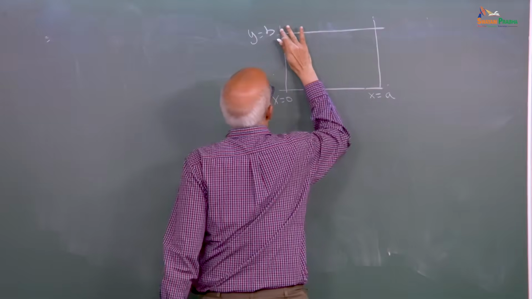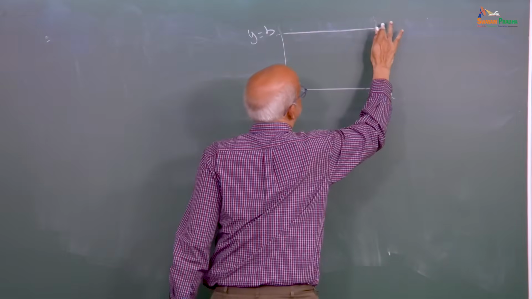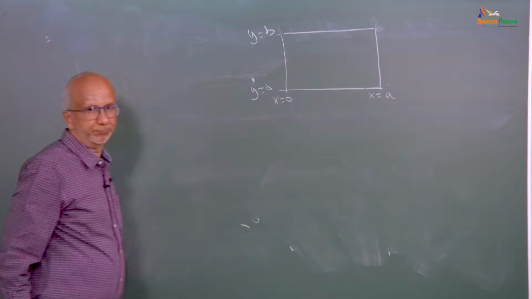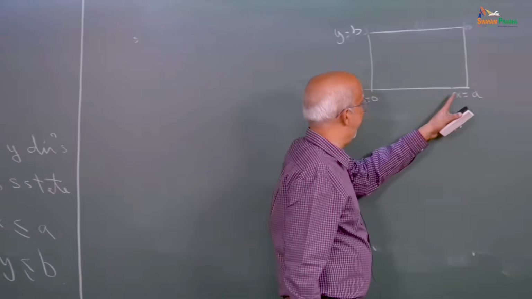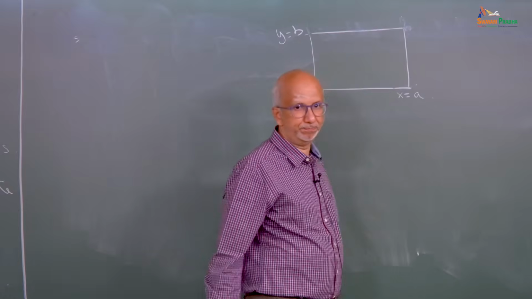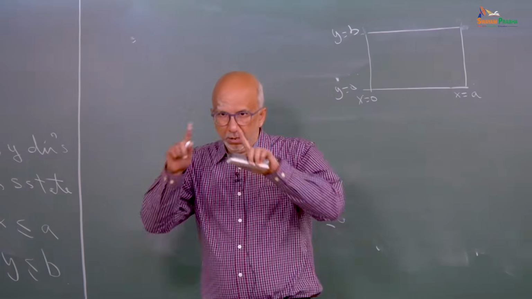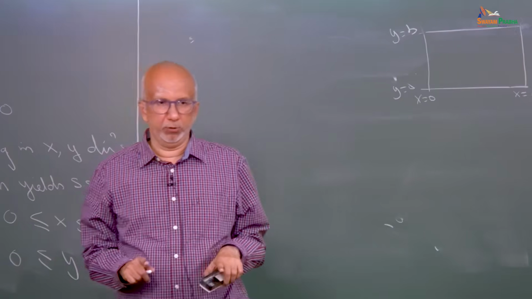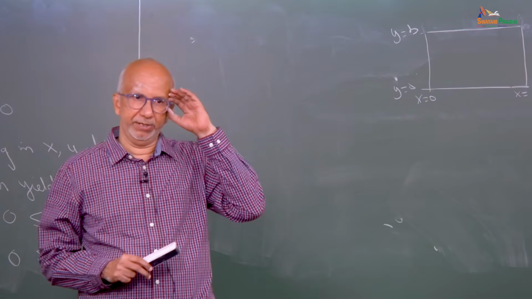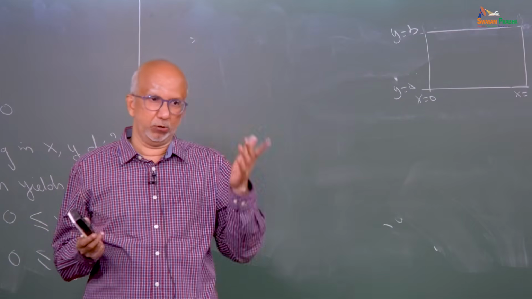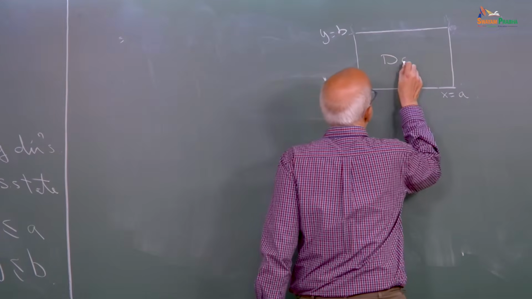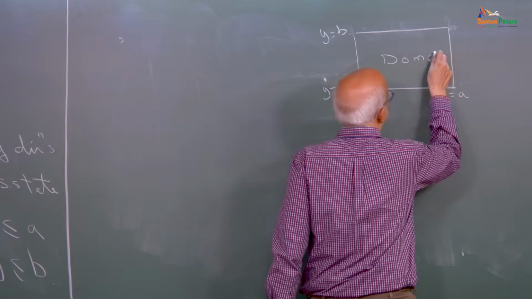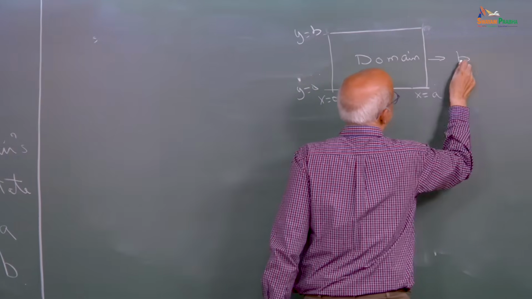So, x is going from 0 to a, y is going from 0 to b. Whatever is on the boundary, I am going to call either the surface or the boundary, and whatever is inside, I call the domain. So, this is the domain and this is the boundary.